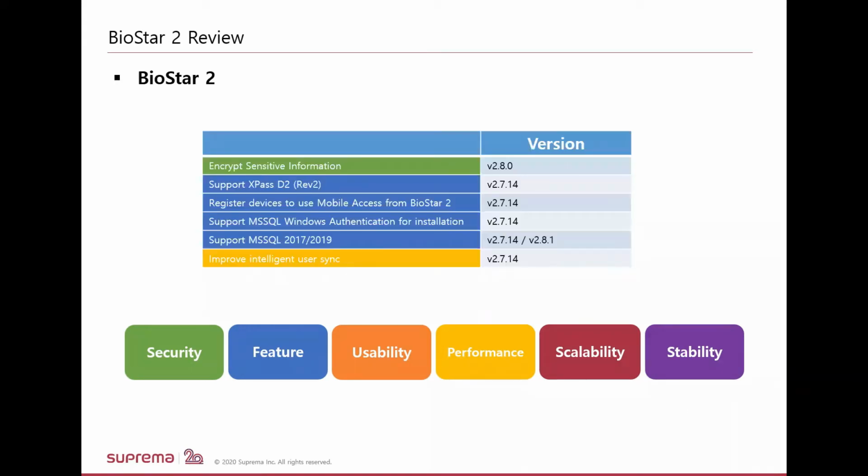Okay, so for a review, this is what we've done for the past 3 releases. The version 2.7.14 XPath D2 revision version is not released into the market yet, but we already implemented it. So once you receive it, you can just use a version higher than that and then use the XPath D2 revision.